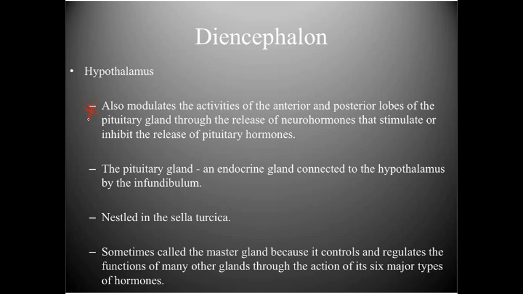So the pituitary gland is very important, but the hypothalamus is also very important because it has neurohormones which will act on the pituitary gland to cause the secretion of its hormones. So while the pituitary gland may be called the master gland, that could be said for the hypothalamus as well.